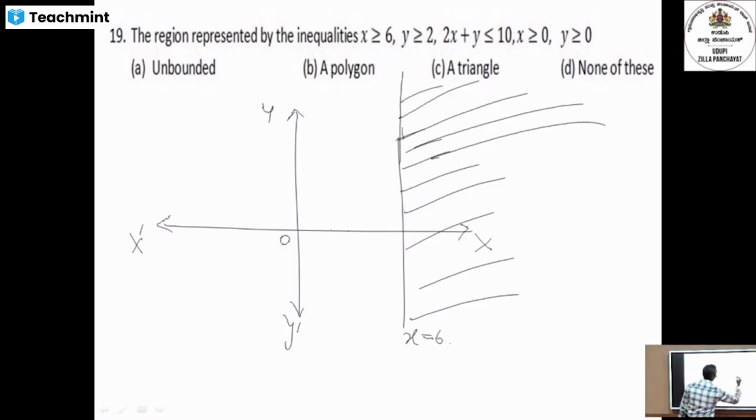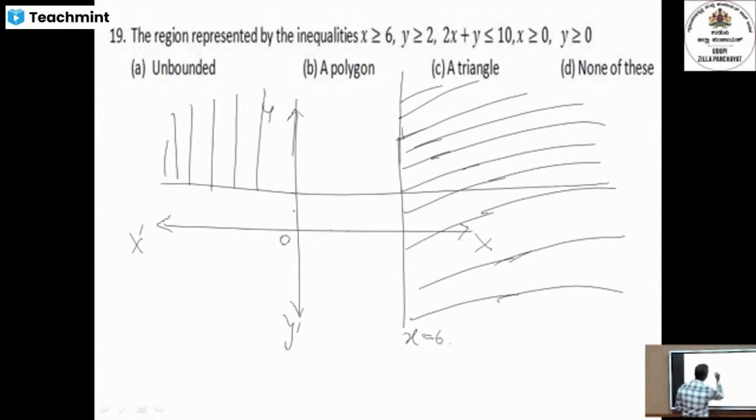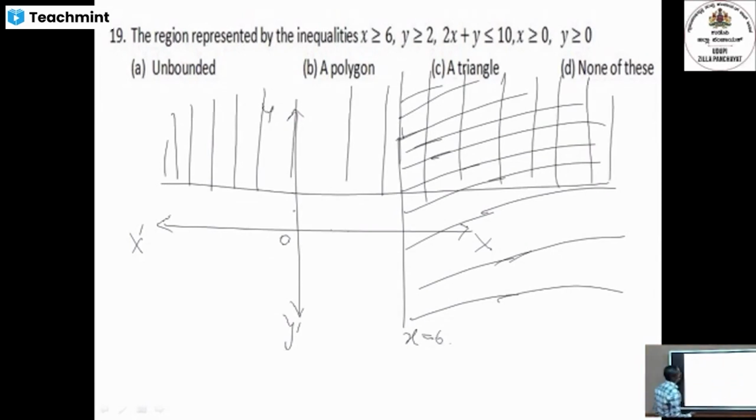Okay, we are not worried about the other values. Y greater than equal to 2. Where is y, 1 2, taking y equal to 2. Sorry, take y greater than equal to 2. It comes like this. So this is the common region we are getting. Next condition, x greater than equal to 6 done, y greater than equal to 2 done. Next one is 2x plus y less than equal to 10. Oh, there is a condition here, first quadrant condition.